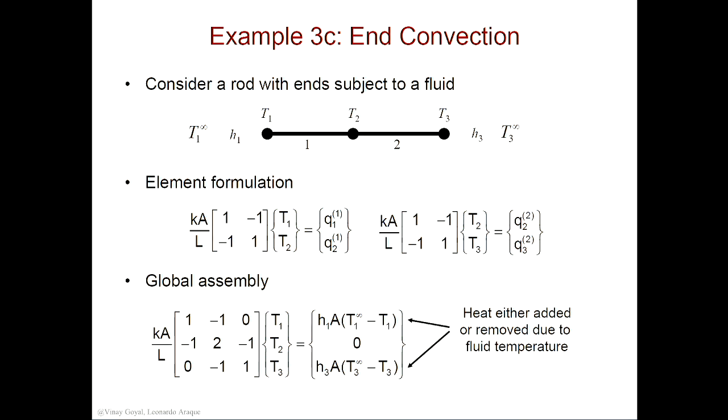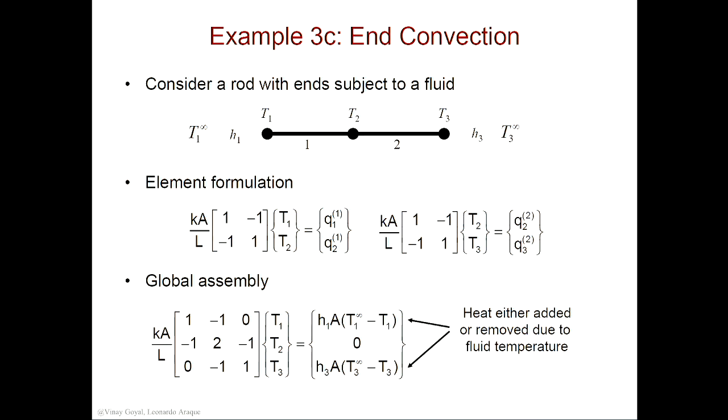I have convection again at that node, and it's going to be H3A (T3 infinity minus T3). Now, I chose this way because this way guarantees that I get either heat in or heat out correctly. So the way to know that is that if I go from the fluid into the node, that's a positive heat flux.